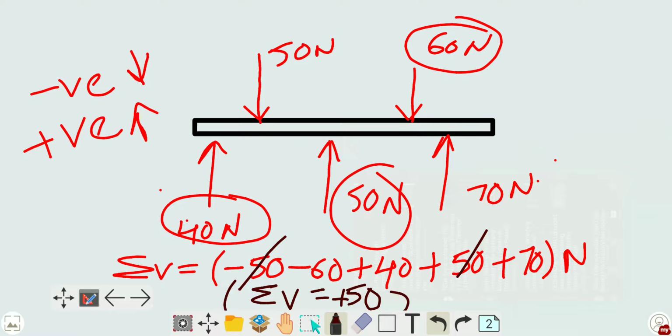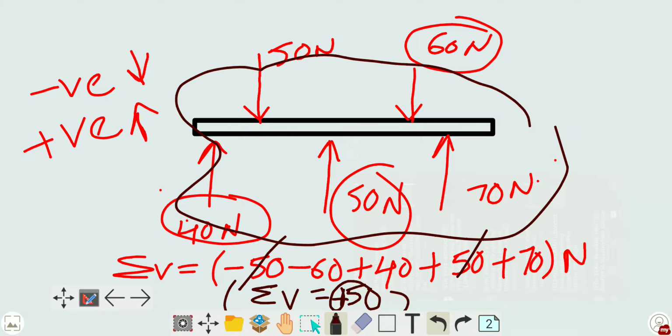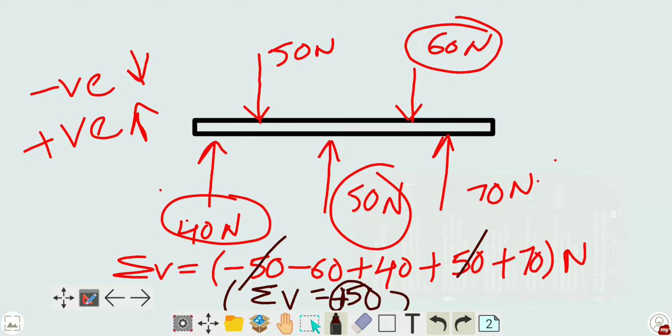See here, in the answer I have represented the sign plus. Why have I represented the plus symbol? It is not for the value, it is indicating the direction of the force. After adding all these forces, the final force acting on the body has a magnitude of 50 newtons, and it is acting in the vertically upward direction.